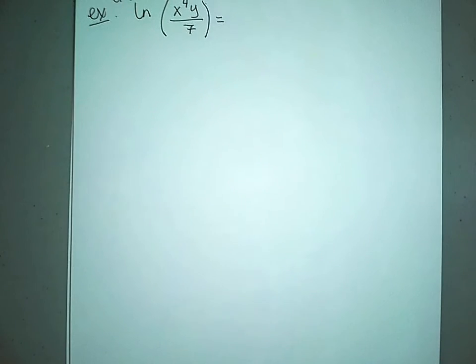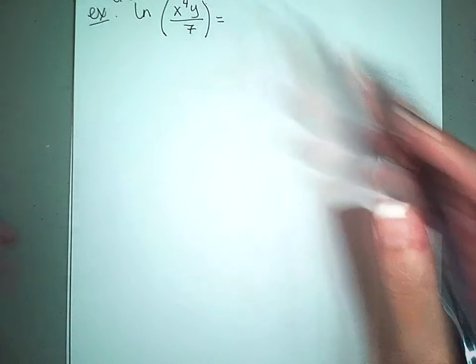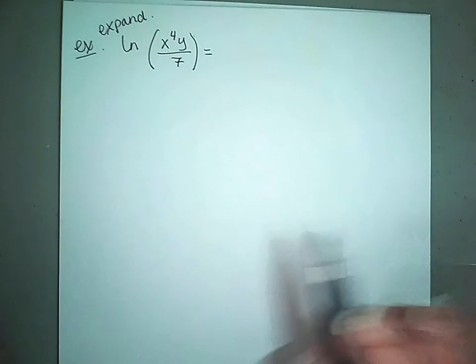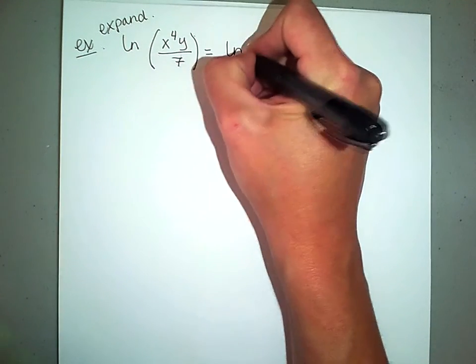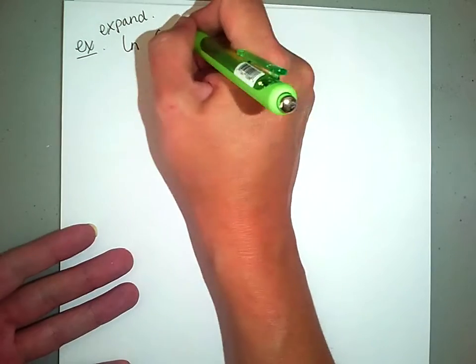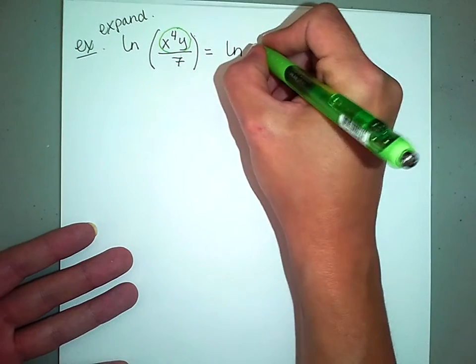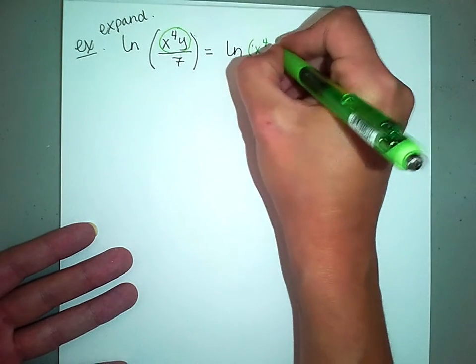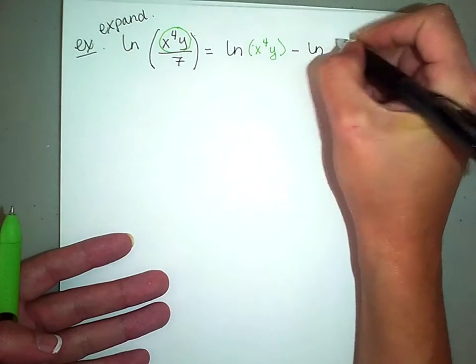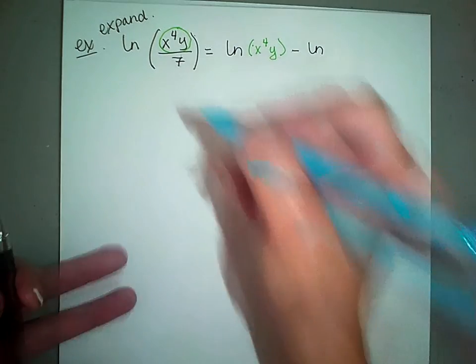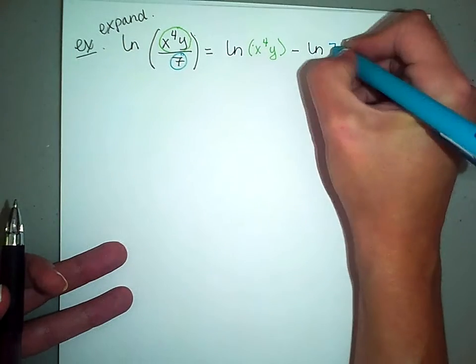If you could, you would simplify it before expanding, but in this case, there is nothing to simplify. So this is the natural log of the entire numerator, which is x to the 4th y, minus the natural log of the entire denominator, which is 7.